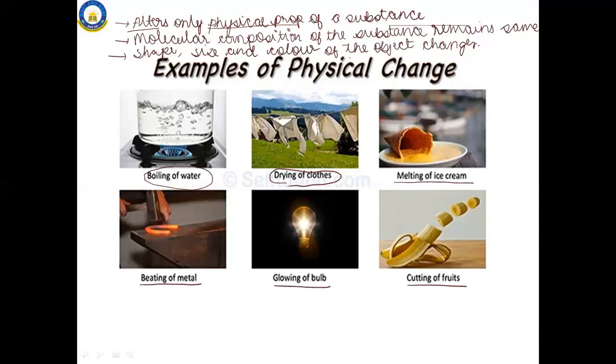The shape, size, and color of the object change. But the major thing here is that the original substance is recoverable. Most physical changes are reversible. So this is about physical change.